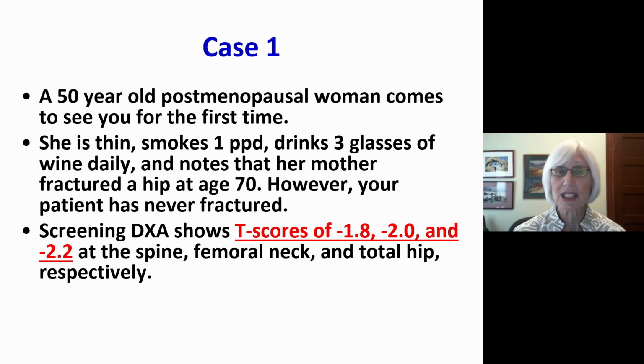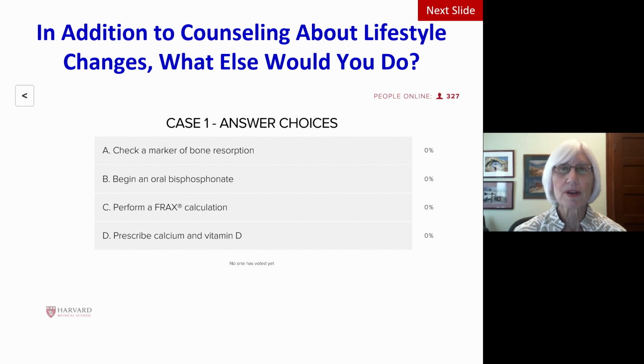You do a screening DEXA because she's thin, she smokes, she's got risk factors, and that shows a T-score of -1.8, -2, and -2.2 at the spine, femoral neck, and total hip respectively. So she has osteopenia.